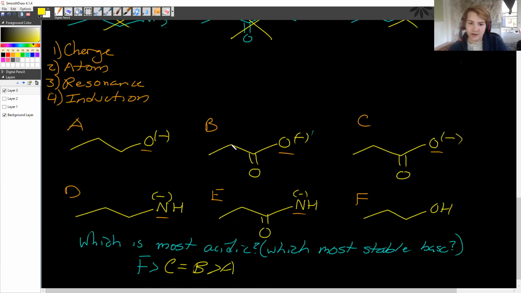Maybe for fun, I'll put a nice fluorine on there just so that we can talk about the inductive. Now they're the same molecule, they have the same resonance, but the fluorine makes this a little bit better. And then finally, B has more resonance than A. Now we can start comparing our nitrogen molecules.